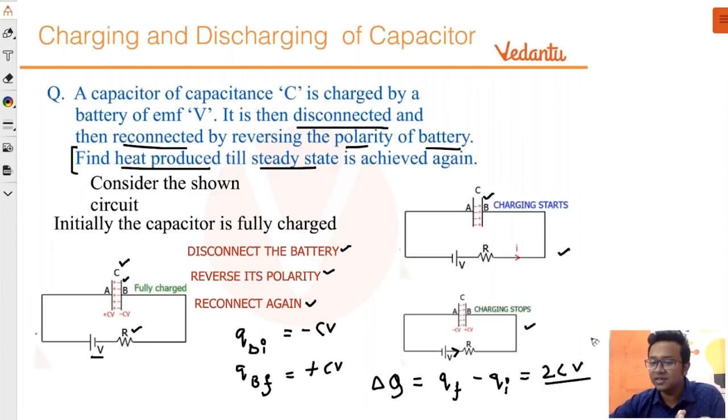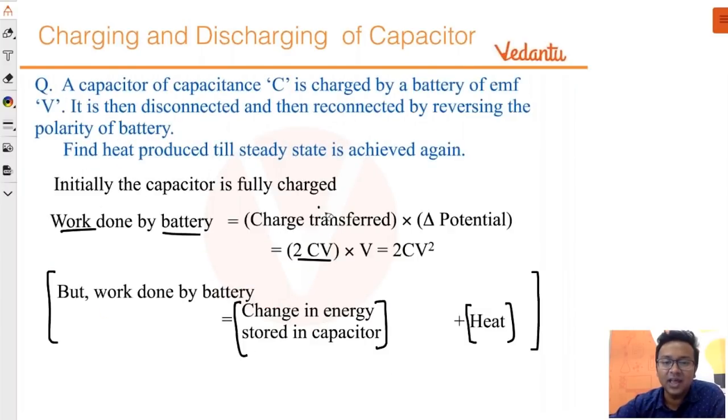So once you have reversed it, it is going from negative to positive. How much work is being done by the battery? Very simple. It is the charge transferred times the potential difference across which it has been transferred. So that is 2CV square. All right, students. Fine. Now, what is this?